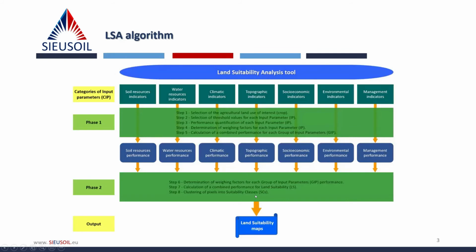This is the general outline of the procedure. This is a flow chart that shows the algorithm of the land suitability analysis tool. We have the input parameters. We have two phases in calculating different kinds of scores and calculating the final output land suitability score, of course, in the form of maps.